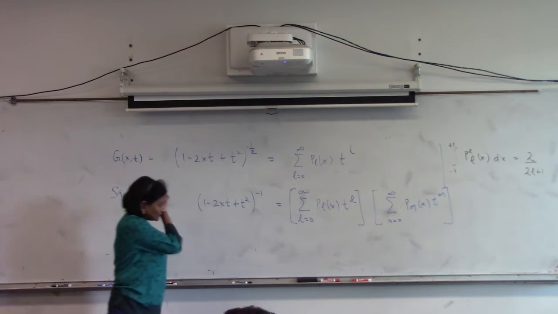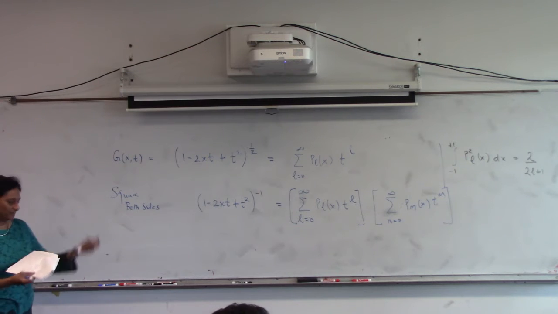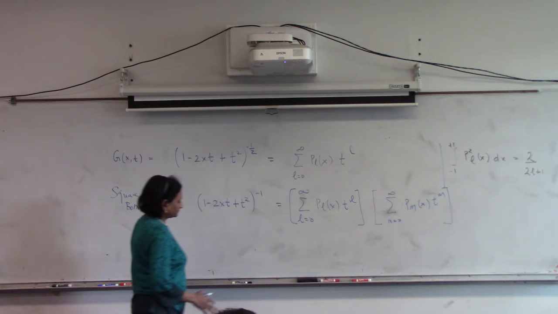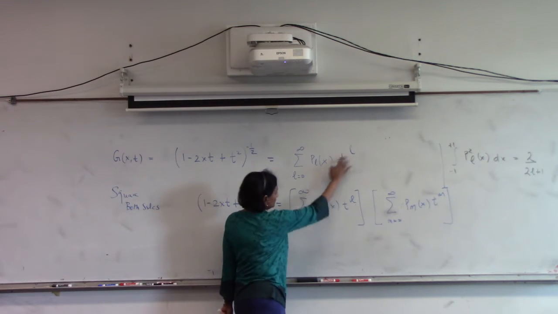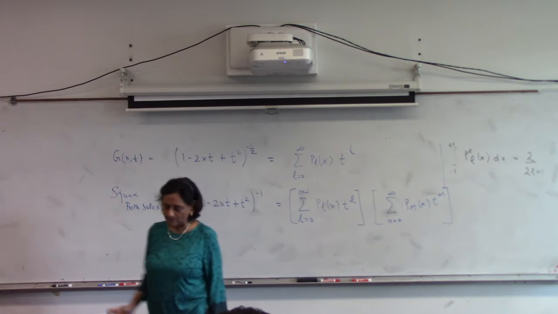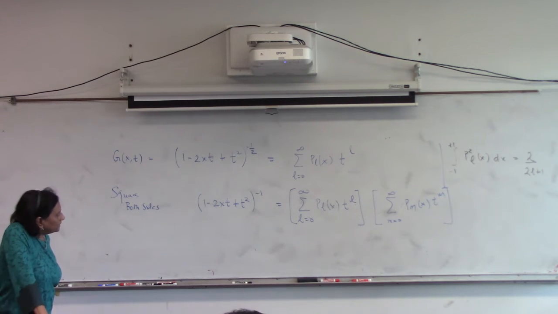I can write it like this. Squaring the right hand side means its infinite series is something like this, right? Because this is a dummy variable, so in principle it is something like this. All right.